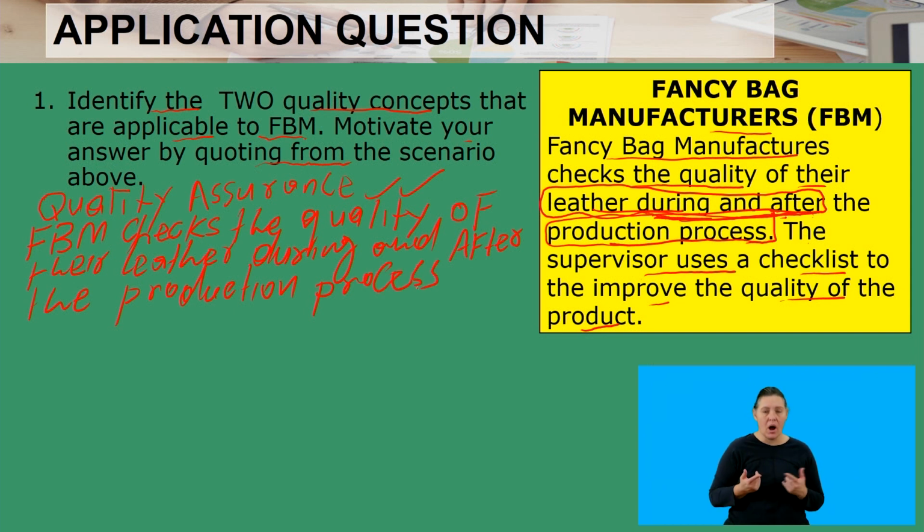That is how you quote and motivate. So the first part is quality assurance. And how do you motivate now? You motivate by quoting from the scenario as I did, and then you get 1 mark for that.